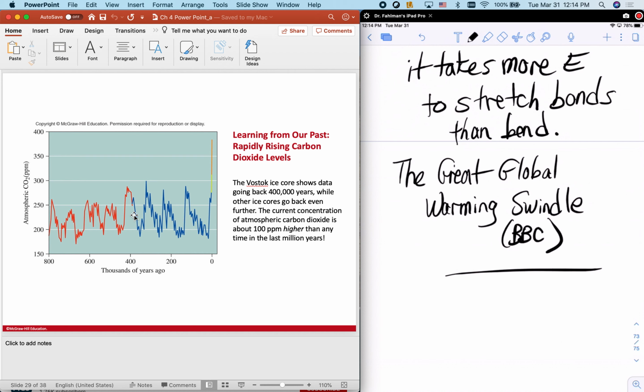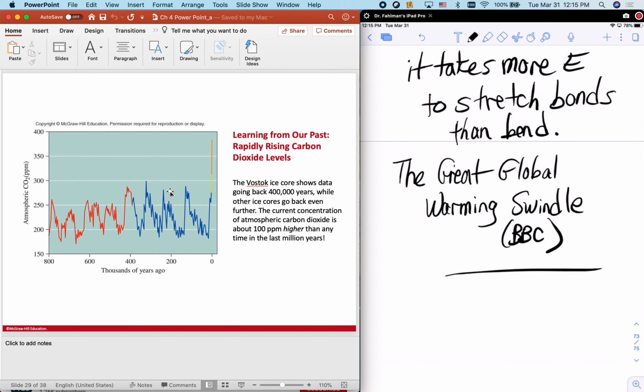What this Global Warming Swindle video showed, as well as a lot of websites, videos, and blogs, is that they kind of cherry pick the data. That video didn't show any CO2 concentrations higher than where my cursor is right now. So if they're not showing anything higher than that, in more recent years in other words, their conclusion was that yeah, CO2 is high, but it's not any higher than it was back here, 350,000 years ago, and everything was fine, right?